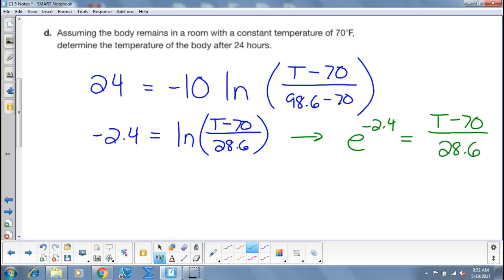Multiply both sides by 28.6. That gives me 2.5945 equals T minus 70. Solve it for T. $72.6.